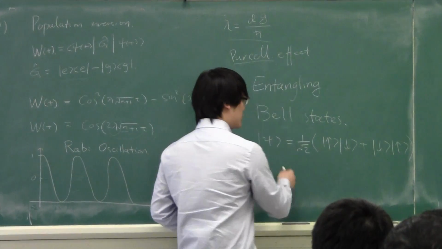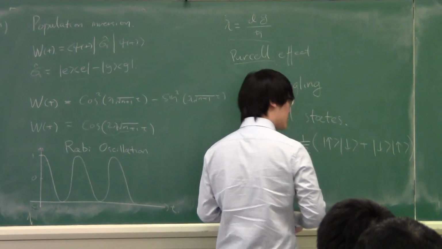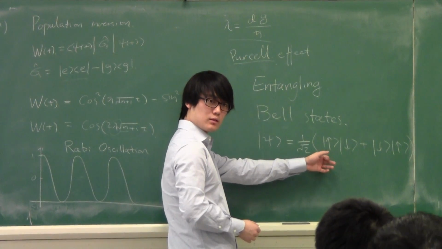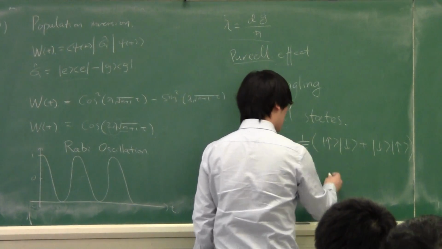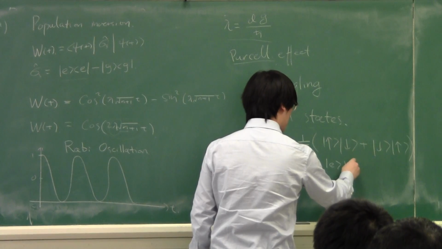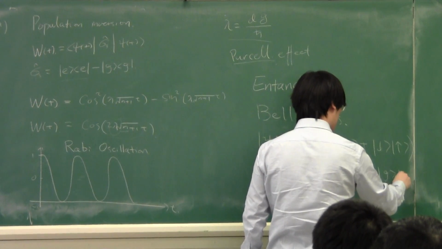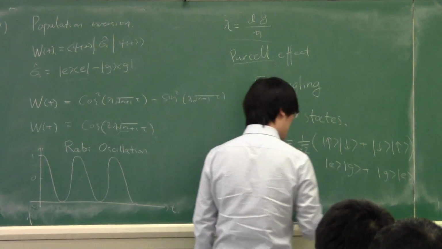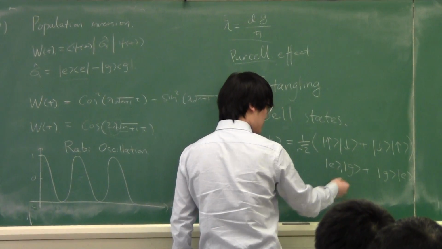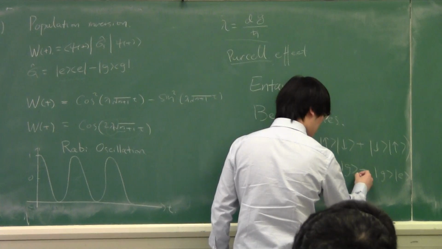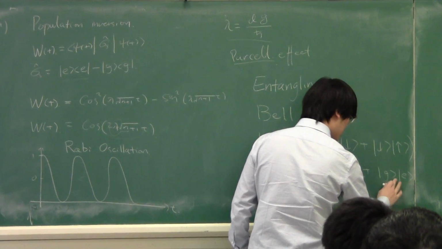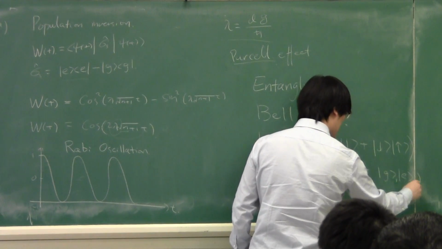In terms of spins, this is just a two-level system. Up spin could be replaced by the excited state, down spin could be the ground state. To be precise, let's label these: this is for atom 1, atom 2, and atom 1, atom 2.